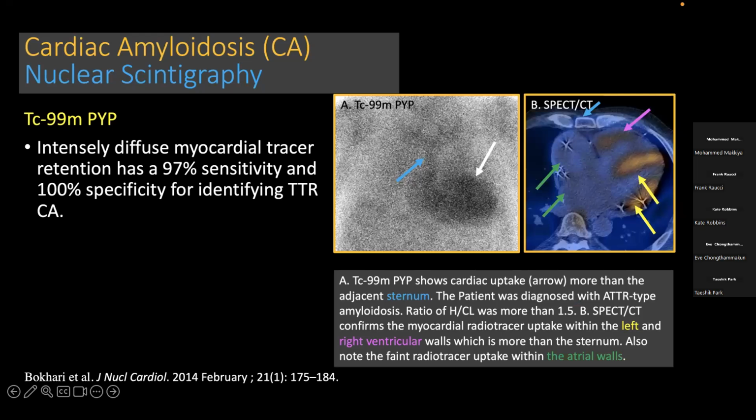The technetium-99 pyrophosphate scan is also highly sensitive and specific for the transthyretin type of cardiac amyloidosis. Note that you need to have uptake in the myocardium to call it positive, and you can either wait for 2 hours or do a SPECT CT to confirm that this uptake is within the myocardium, not within the blood pool.